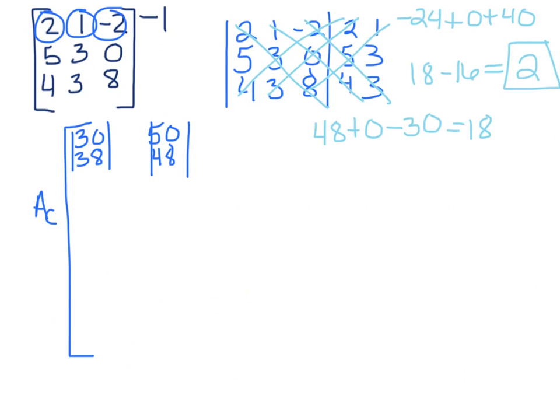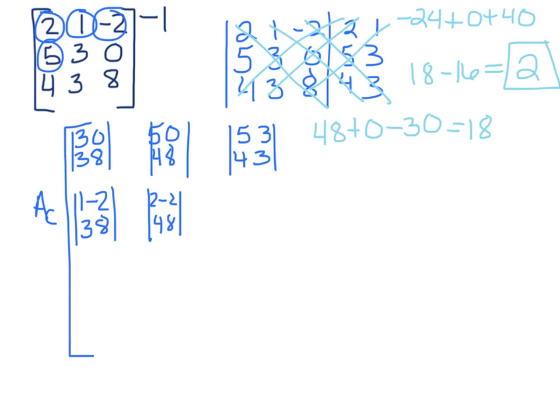And then negative 2's minor would be 5, 3, 4, 3. The 5's minor would be 1, negative 2, 3, 8. The 3's minor would be 2, negative 2, 4, 8. And the 0's minor would be 2, 1, 4, 3.